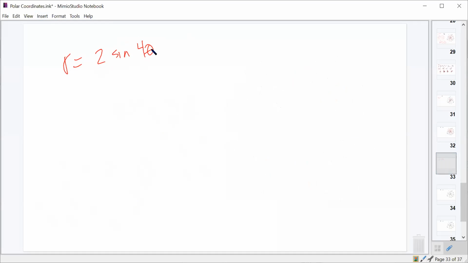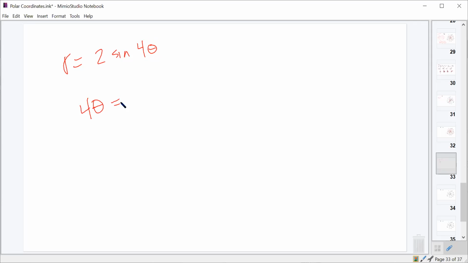We need to figure out where this hits its max. So where does this hit its maximum? When sine is equal to the angle that you're taking the sine of, when that angle is at what?